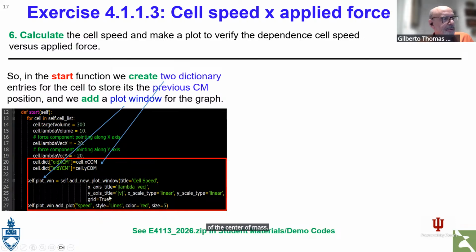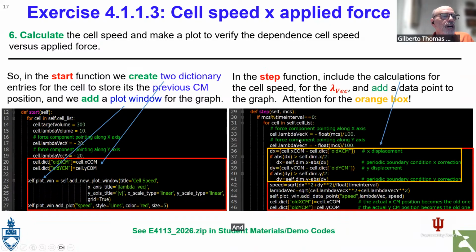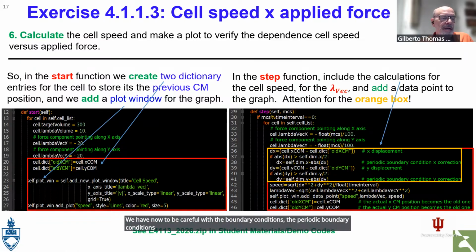And as usual, we add the plot window to see the plot of the speed against lambda vec, against the force. And we have to be careful now with the boundary conditions, the periodic boundary conditions. Why?